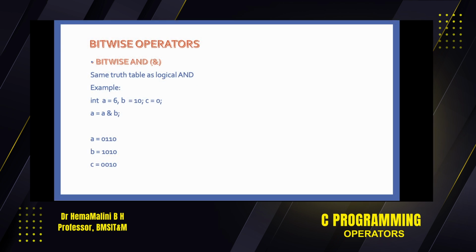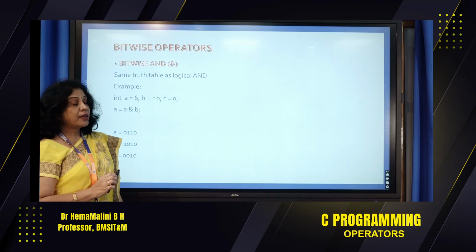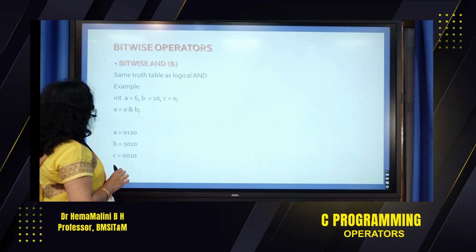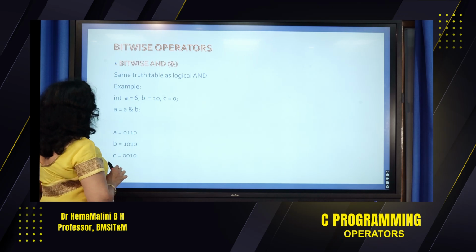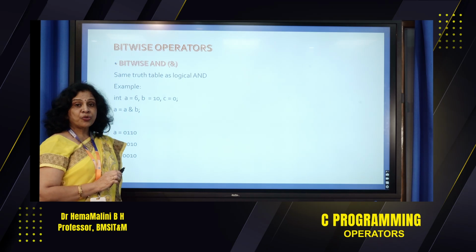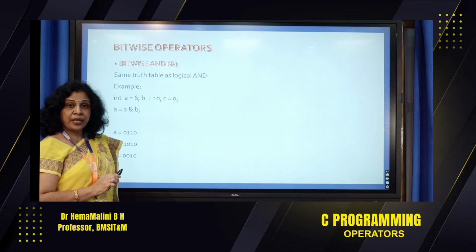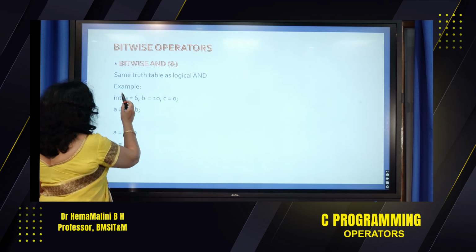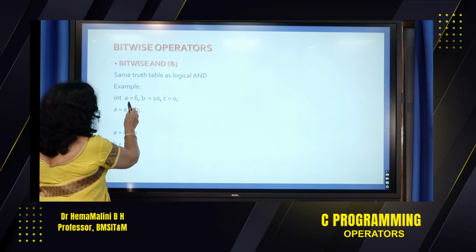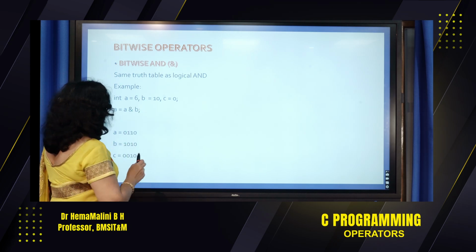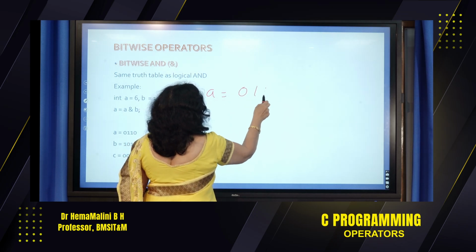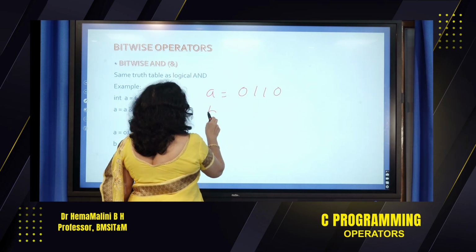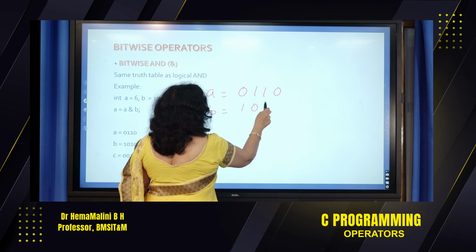Now let's see the bitwise operators. In bitwise operators, the operation is performed in bits. The truth table remains to be the same as logical AND. Let's take an example. Integer a equals 6, b is 10. Say a is 6, which is 0, 1, 1, 0. b is 1, 0, 1, 0.